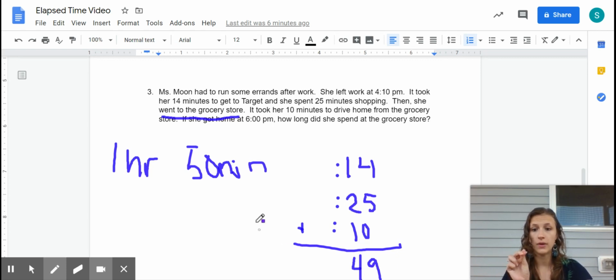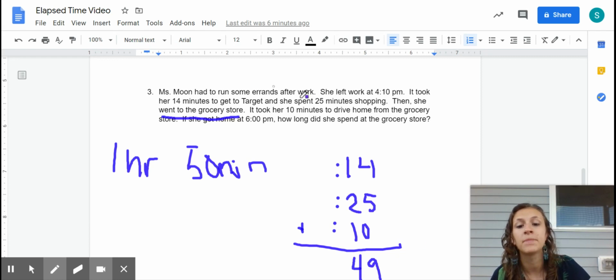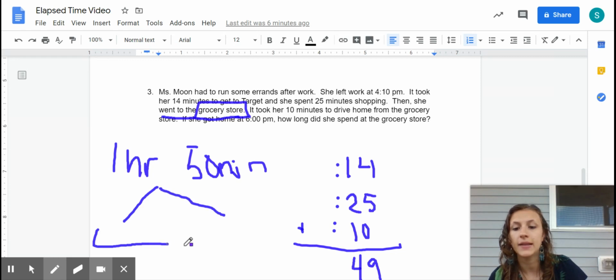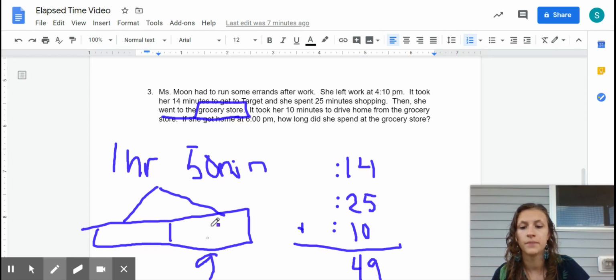So I know this part that I've spent 49 minutes. I need to now find out how much was in the grocery store. So the amount of time that I was in the grocery store, which is my unknown, and that 49 minutes overall would give me an hour 50 minutes.